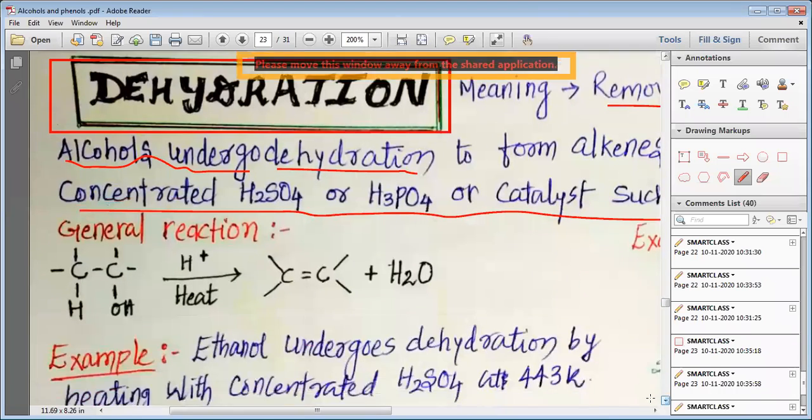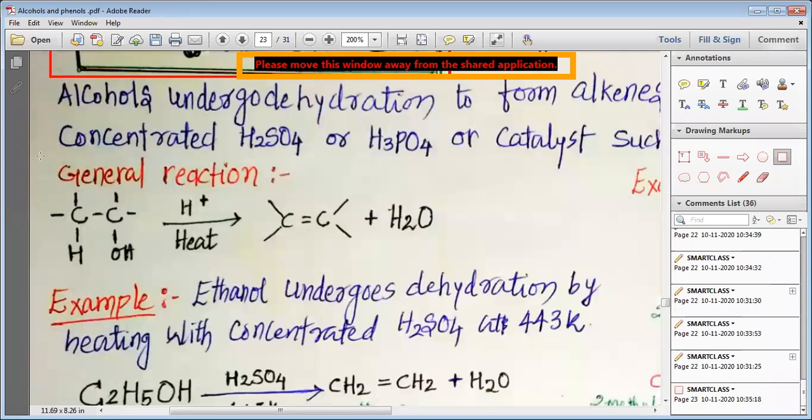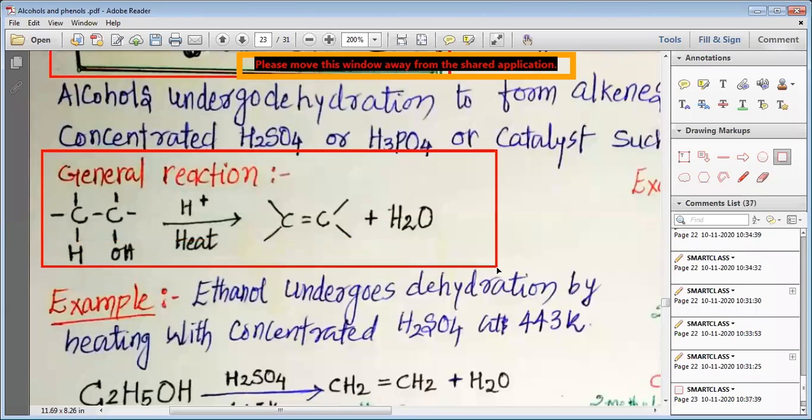You can see here, my dear students, the general reaction for the dehydration. This is the alcohol molecule.